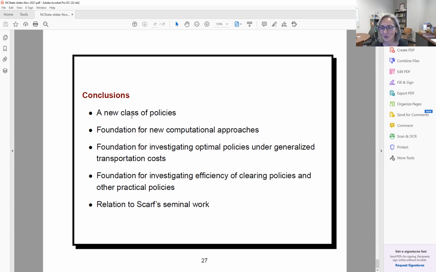And I have already mentioned the relation of this paper to Scarf's seminal work, with the explicit consideration of outbound transportation costs and shipment consolidation efforts.